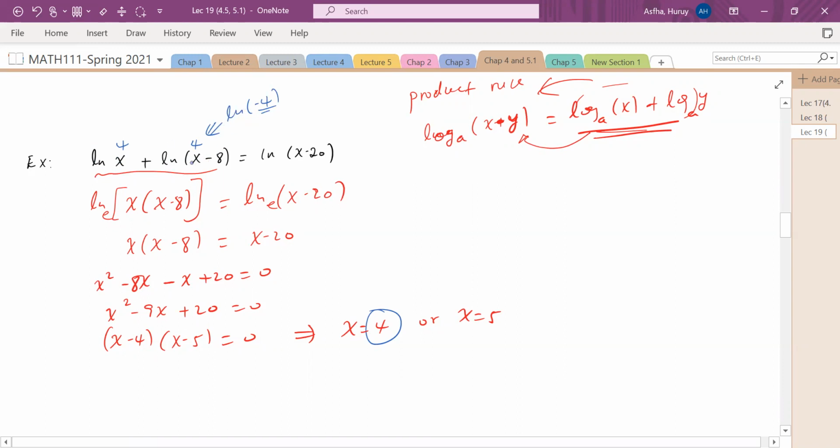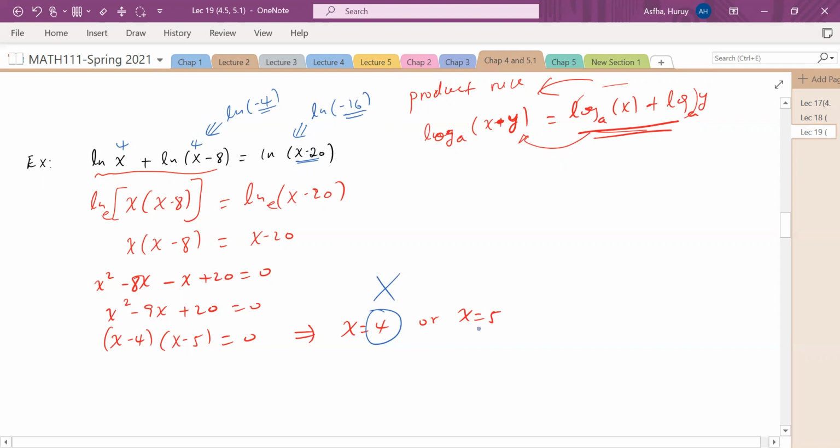Again, on this side, 4 minus 20 is ln of negative 16. Again, negative 16 is not in the domain. Always this inside term has to be positive, greater than 0. Therefore, this cannot be a solution.